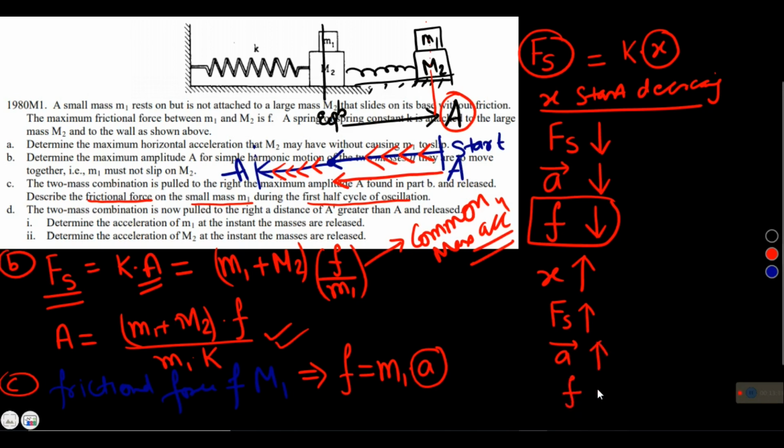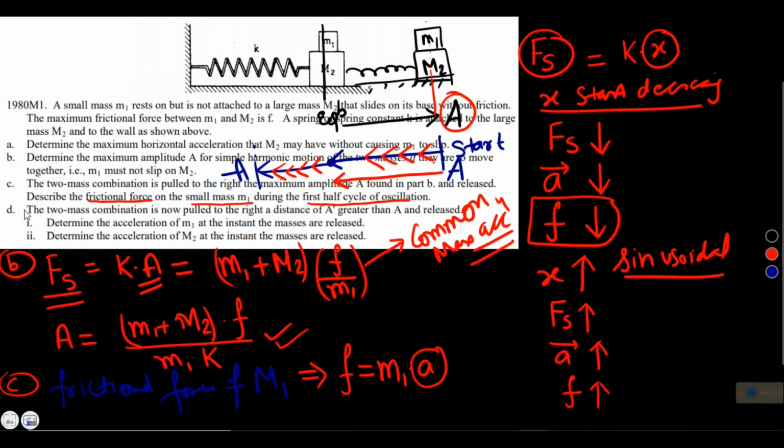So the frictional force on block M1 will also start increasing, and its variation will be sinusoidal. So it will be varying sinusoidally.